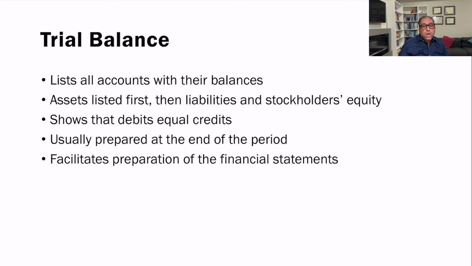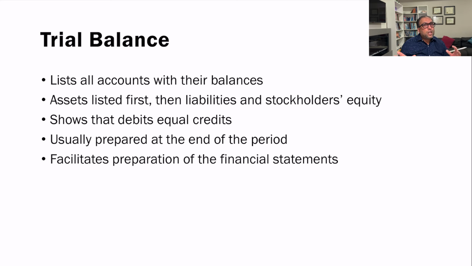So it is a list of all accounts with their balances, assets listed first, then liabilities and stockholders equity, and it shows that debit equals credit. The trial balance should be equal, in the sense that we are using the double entry system, and in a double entry system everything we debit should be credited as well.